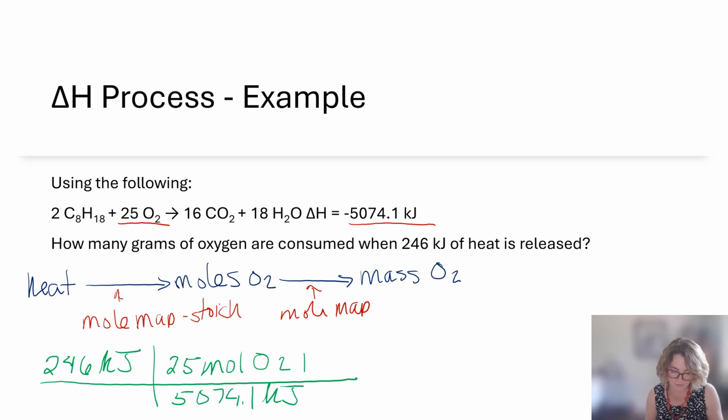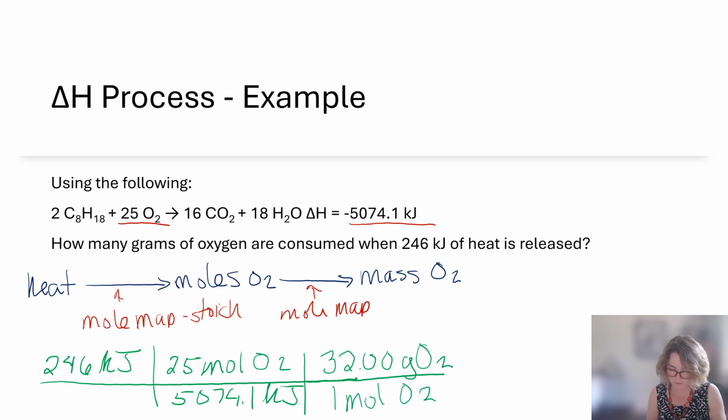Once I have completed this step, my last step is to then go on to finding my mass. And so to do this, I'm going to use the molar mass of oxygen. I have 2 oxygen, so that's 32 grams of oxygen for every 1 mole of oxygen.